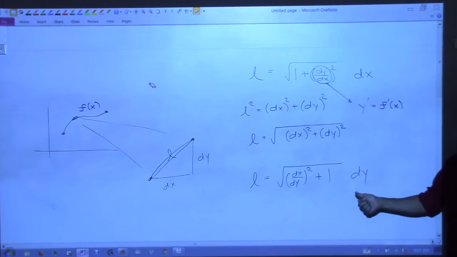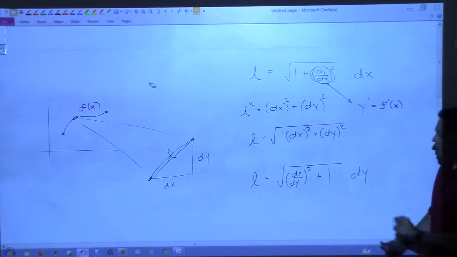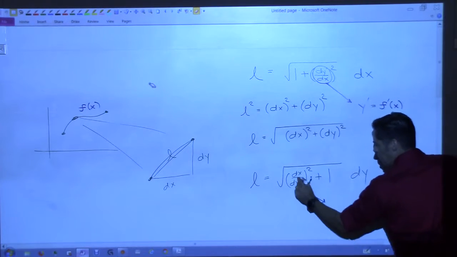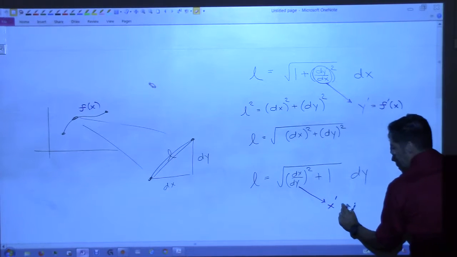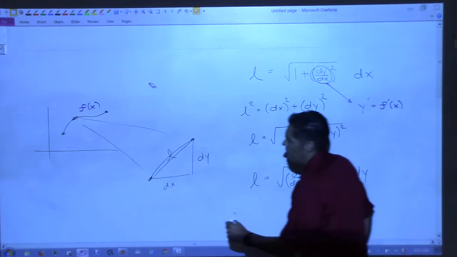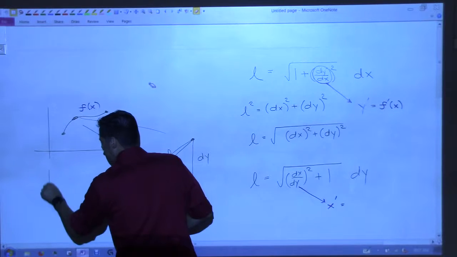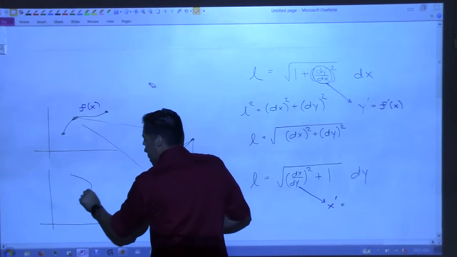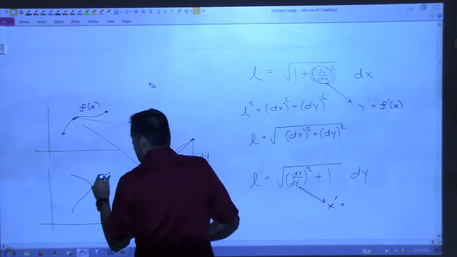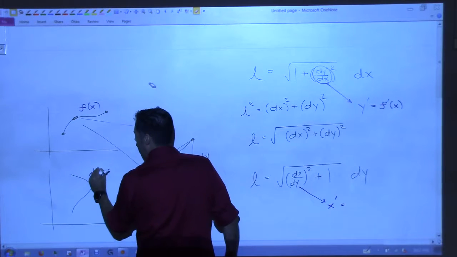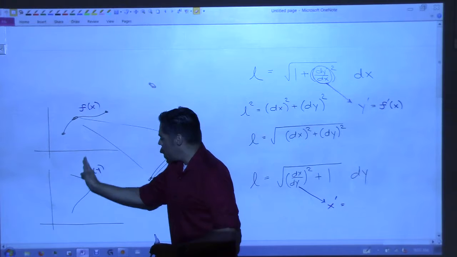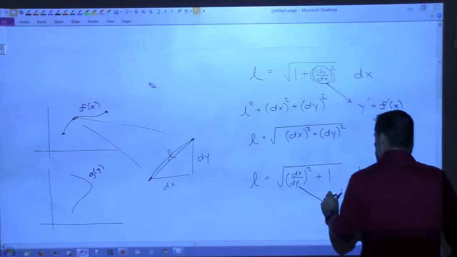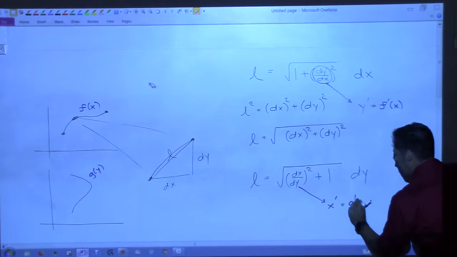This formula would work if we had, this really means x prime, which is not 1. And this would mean, well, if we had a curve that looked like this, where it was not a function of x, but instead a function of y. Okay, so I'm going to use g instead of f. So it's not a function of x, but it's a function of y. Then this would work because this would be g prime of y.